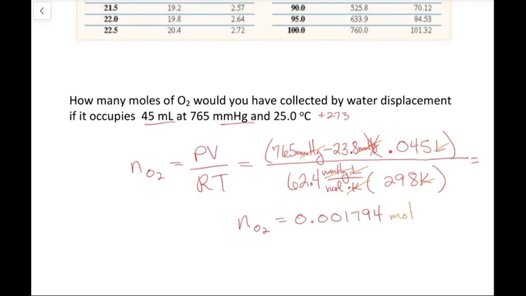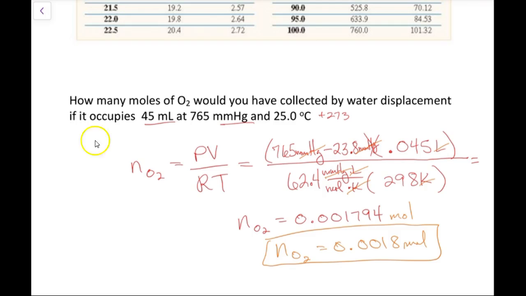Sig fig wise, it looks like the number 45 all the way back in the original question has 2. So I'm going to change this and say N of O2 equals 0.0018 moles. And there we go. We've done a problem.